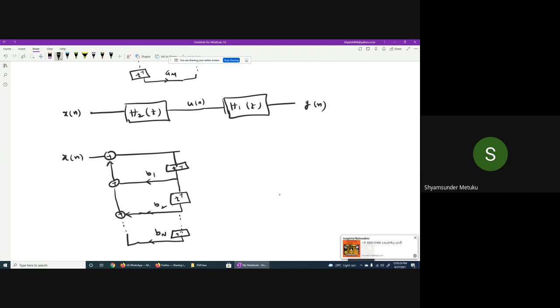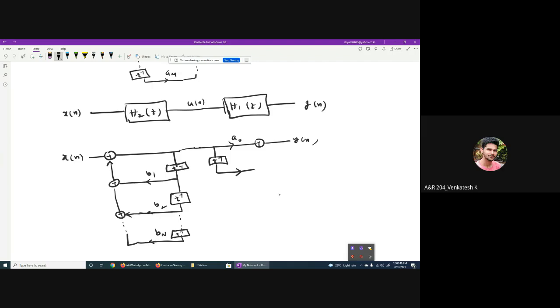Great, like this. Again, coming to between u of n and this one, got like this. What is multiplied here? A0, A1. How long should I do it? Am.